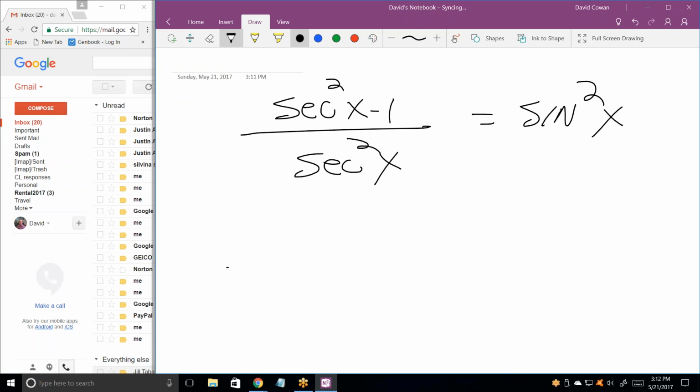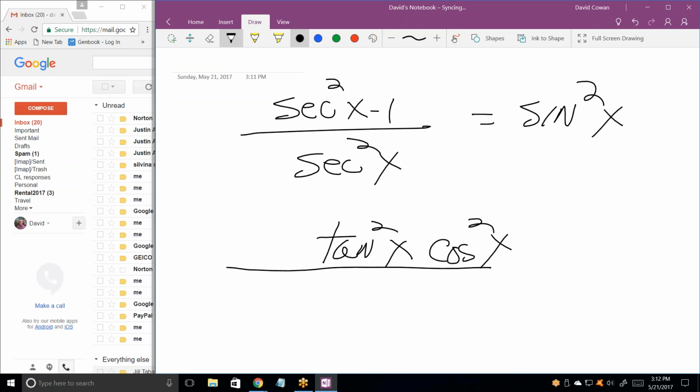So first of all, what does secant squared x minus 1 equal to? Tan squared of x. What's secant squared x in the denominator equal to if I put it in the numerator? Cosine squared of x. Now use the quotient identity for tangents.